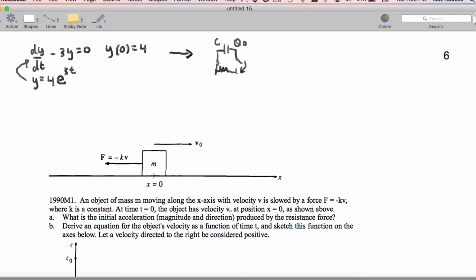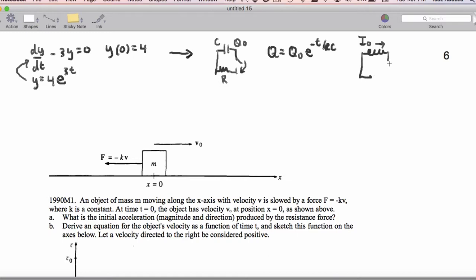The capacitor has a capacitance C, the resistor has a resistance R. What we concluded was the charge as a function of time on the capacitor is given by e to the negative t over RC, where we have a time constant, RC.